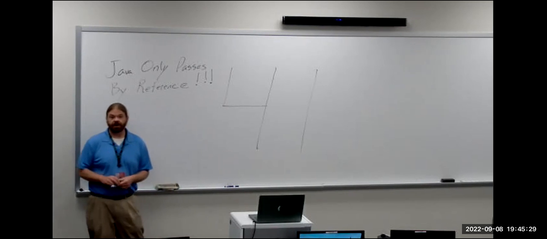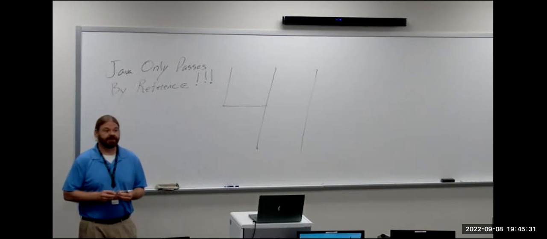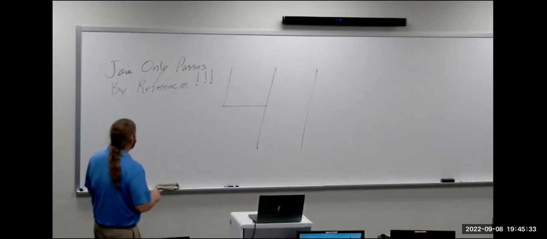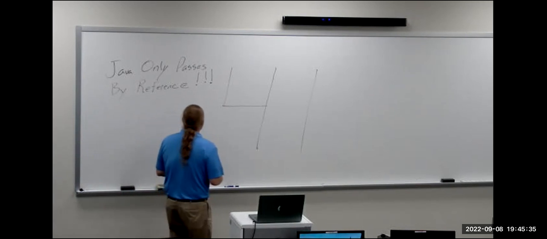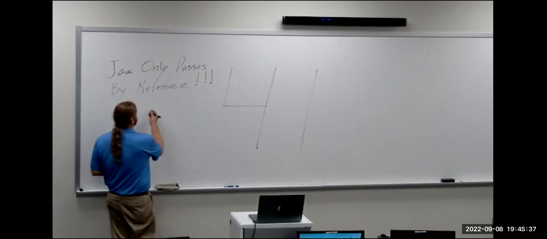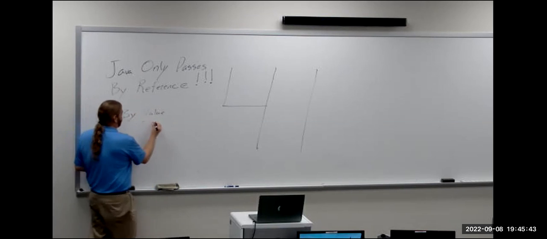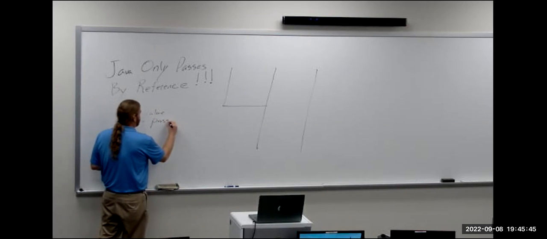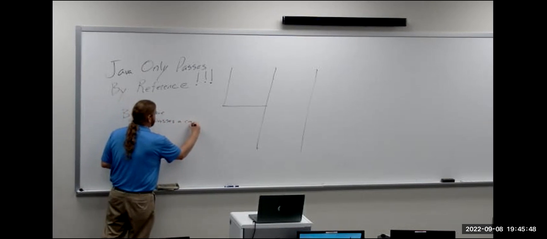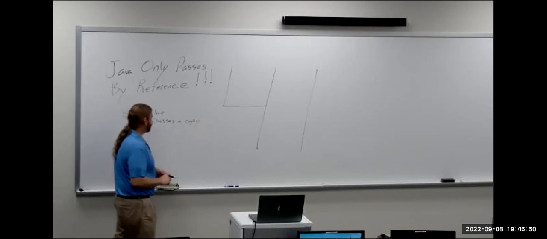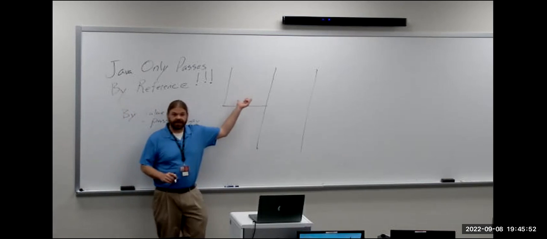But there we almost always have to say how we're passing it. So by reference, or I'll go through all of them. By value passes a copy. So on the stack heap diagram, I'm going to draw this with some methods.